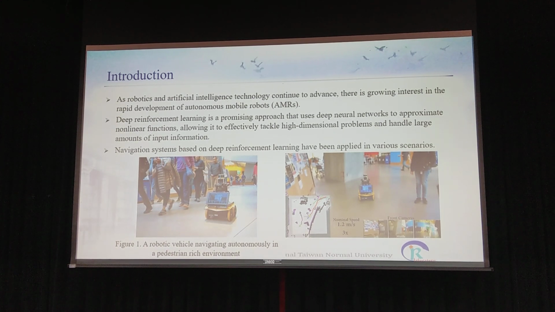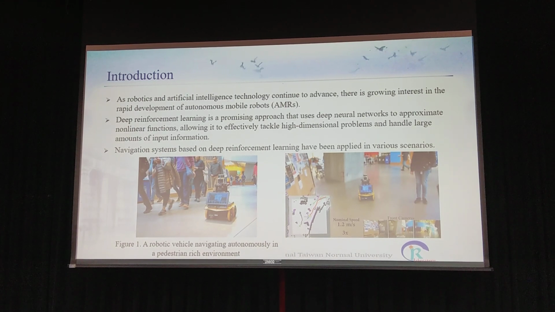And deep reinforcement learning is a promising approach that uses deep learning networks to automatically learn representations, which allows it to effectively take high-dimensional and heavily noisy input information.